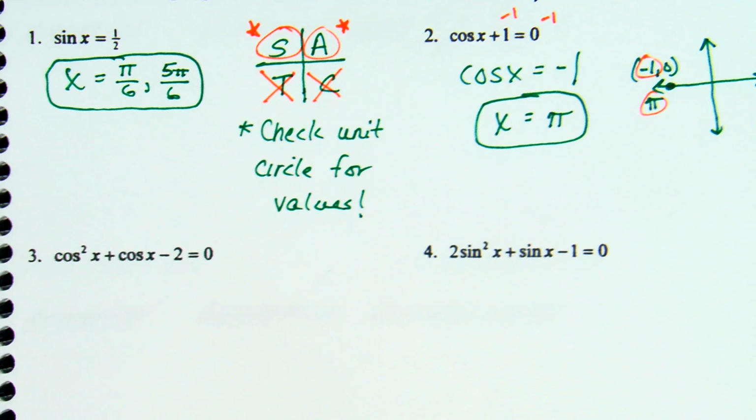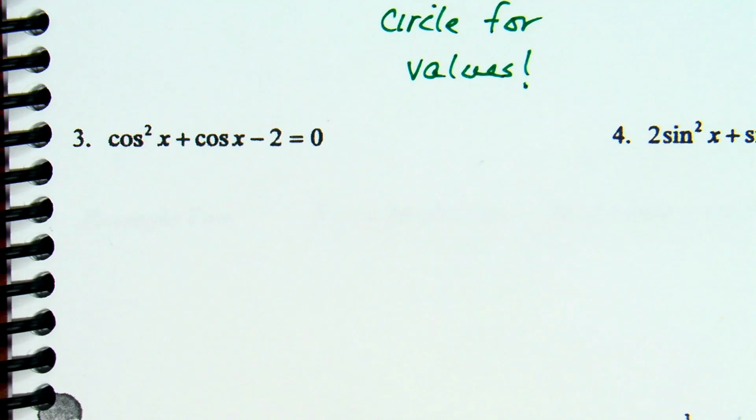Now, we can't factor out a cosine because I don't have a cosine in every term. I will tell you, you do need to think about your algebra skills. I'll give you a hint here in a moment.